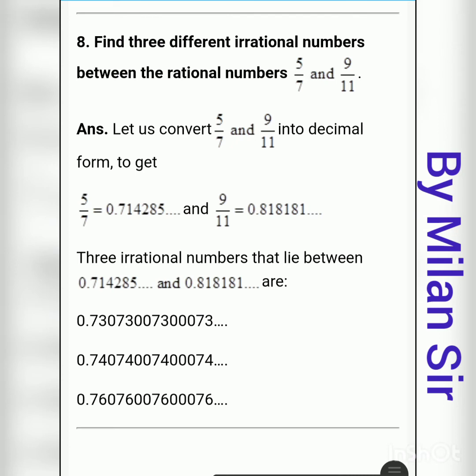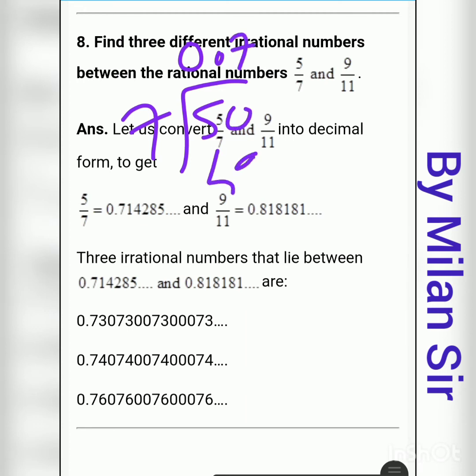Now here what we need to do, here we have 2 rational numbers 5 by 7 and 9 by 11. First of all, find out the decimal values of these 2 numbers. Now 5 by 7.